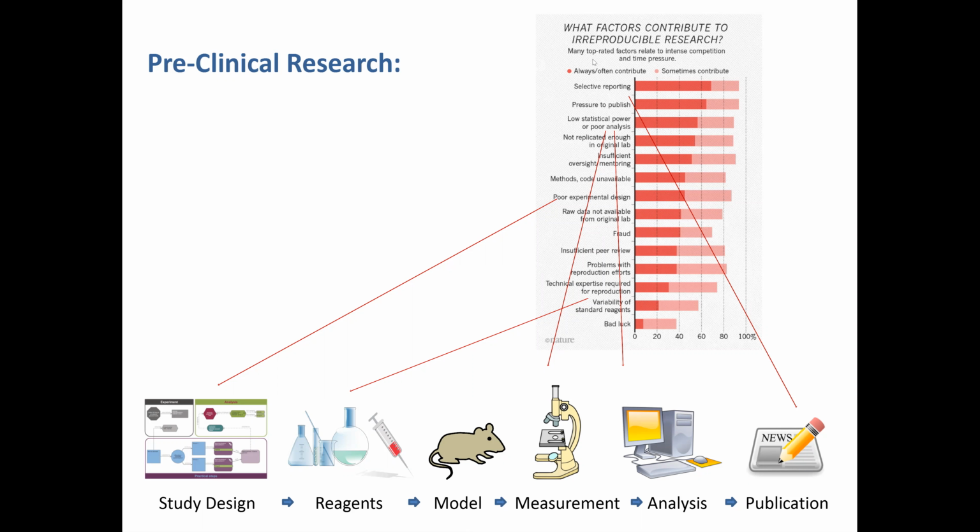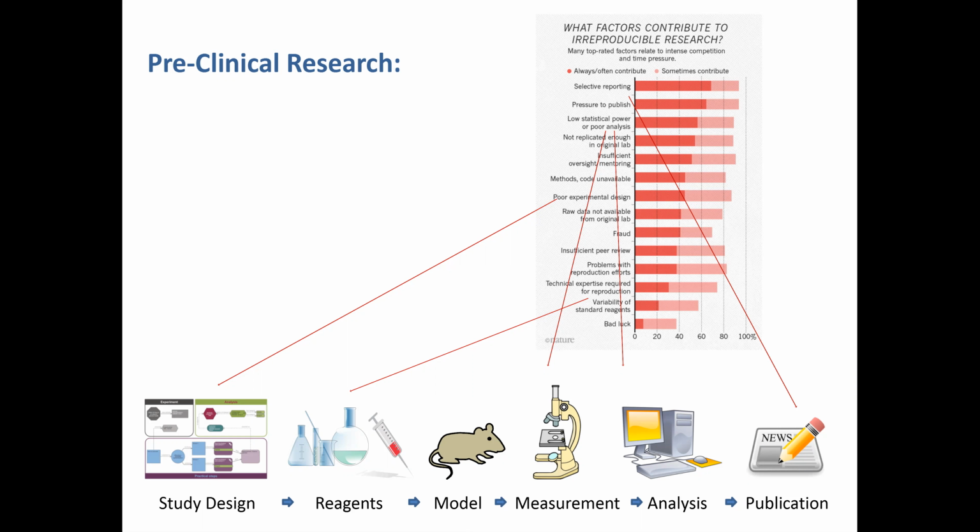So there are issues like poor experimental design, which is clearly a fault in the study design, or variability of standard reagents, or faulty measurements, biased analysis, and selective reporting. So all these different steps in this scientific pipeline were thought to affect reproducibility.